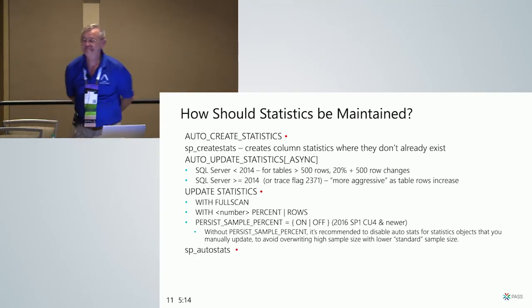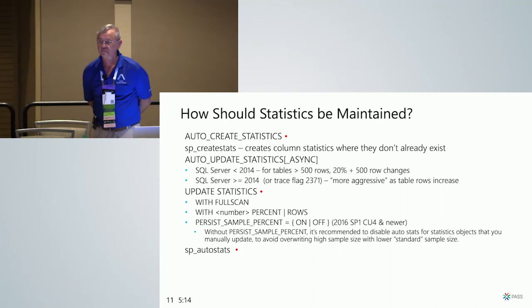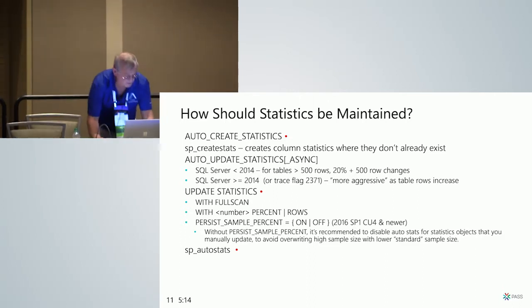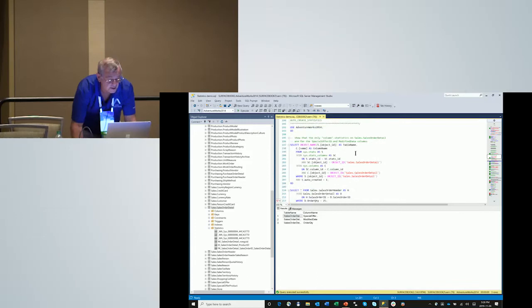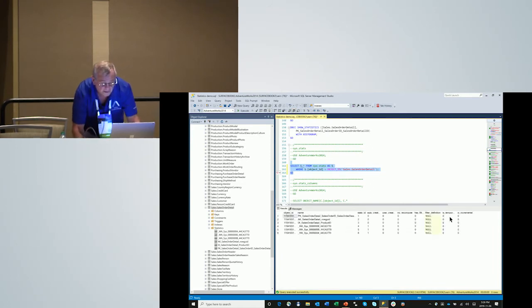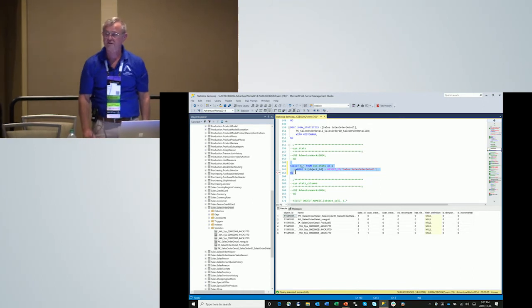Yes? Can you look up anywhere that you've set persist sample percent? Where is that? That is in sp_stats. Let's look at that. That's a good question. Let me uncomment my code there. It is not in there. I thought for sure it was in there.